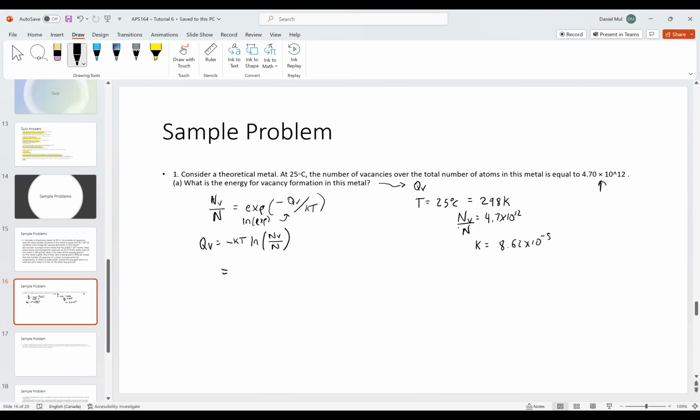So this is equal to minus 8.62 times 10 to the minus 5, times 298 Kelvin, times the ln of 4.7 times 10 to the 12. And then when you perform this calculation, you should get 0.67 electron volts.